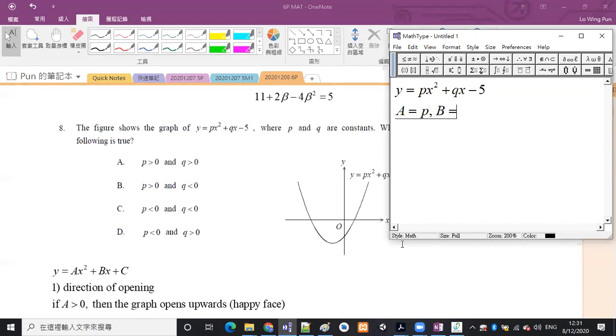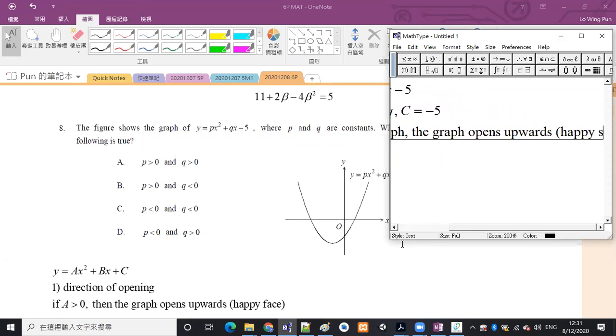The b in the formula is q. The c in the formula is negative 5. Okay? Now, from the graph we can see that the graph opens upwards.